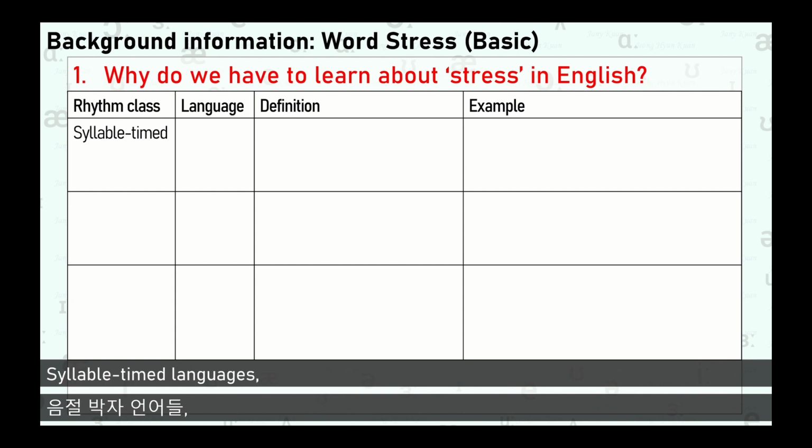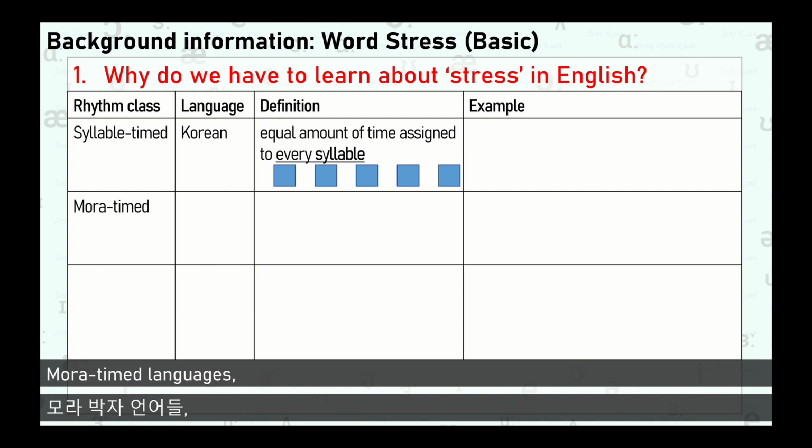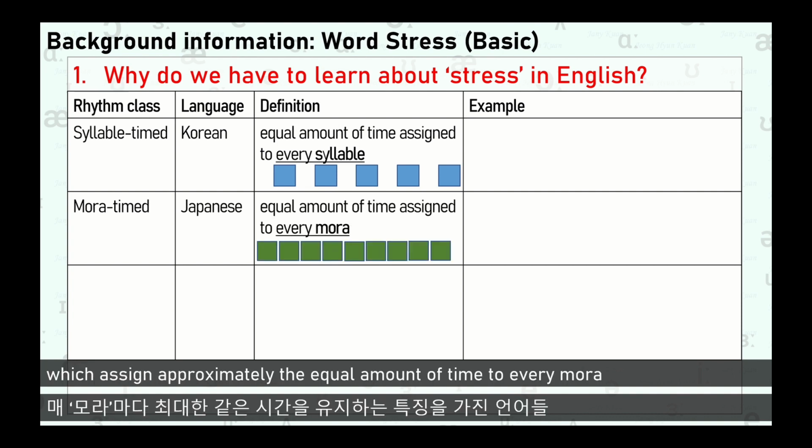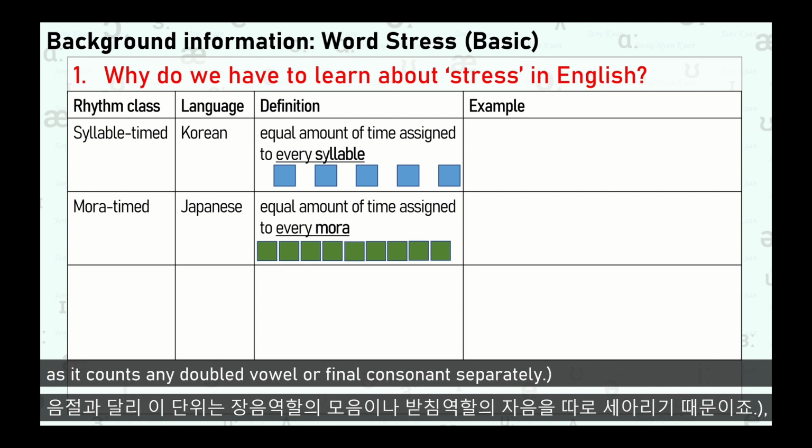Syllable-timed languages, like Korean, which assign approximately an equal amount of time to every syllable. Mora-timed languages, like Japanese, which assign approximately an equal amount of time to every mora, which is a timing unit that is either the same as or smaller than a syllable, as it counts any double vowel or final consonant separately.